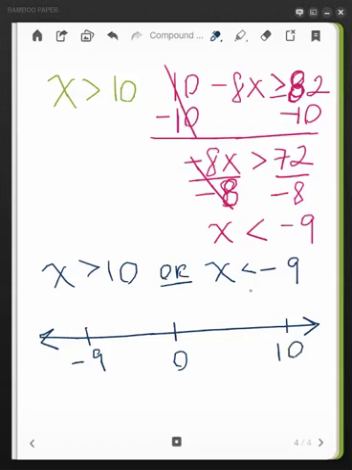Now both of them are going to be actually open circles. And x is greater than 10, so it's actually going to go this way. And x is less than negative 9, so it's going to go that way.